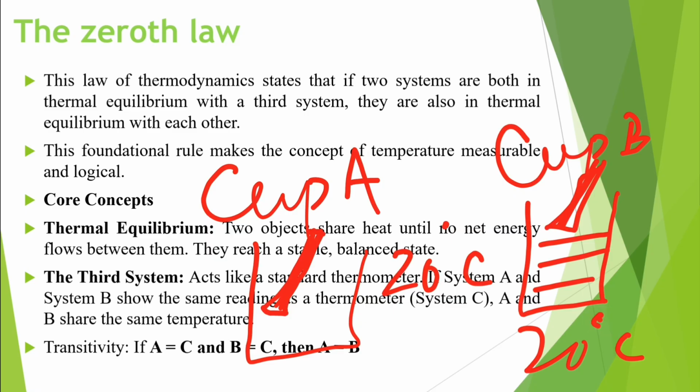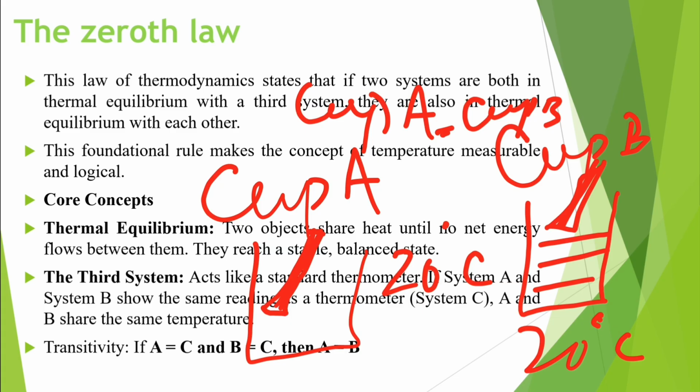So the thermometer still reads 20 degrees Celsius. So now cup A equals cup B. Cup A and cup B have the same temperature even if they never touch each other.